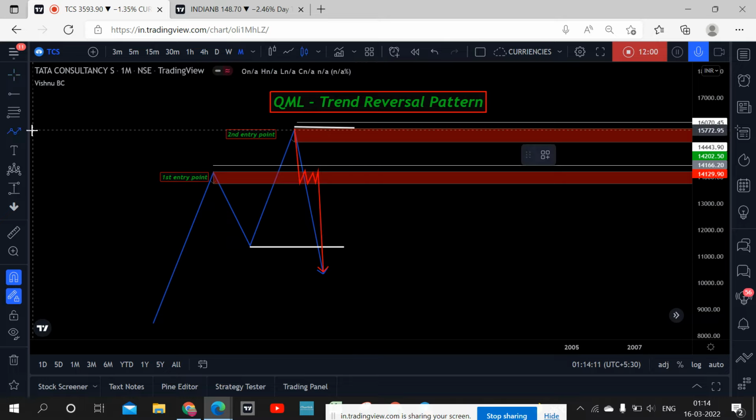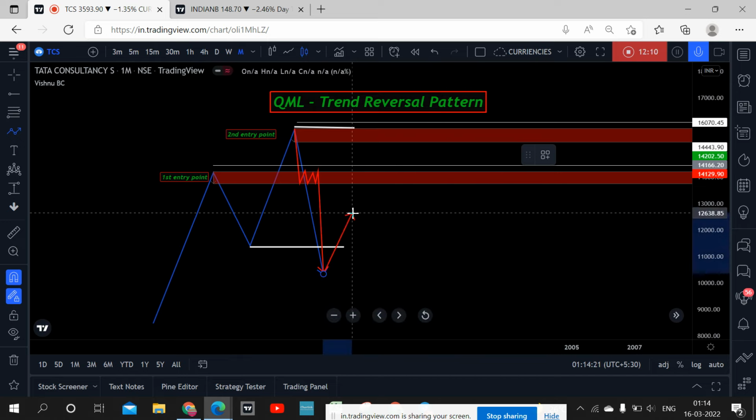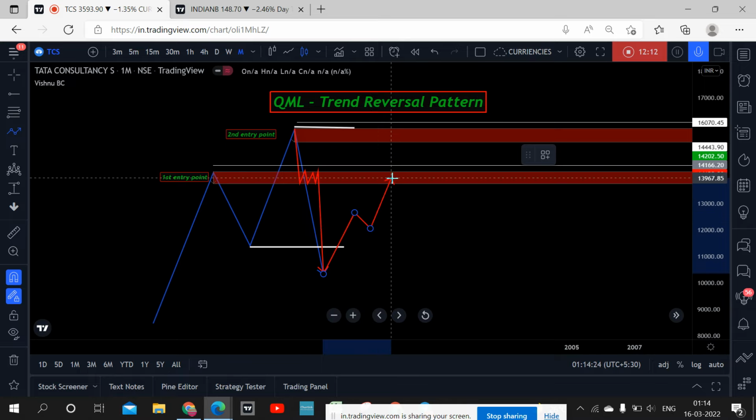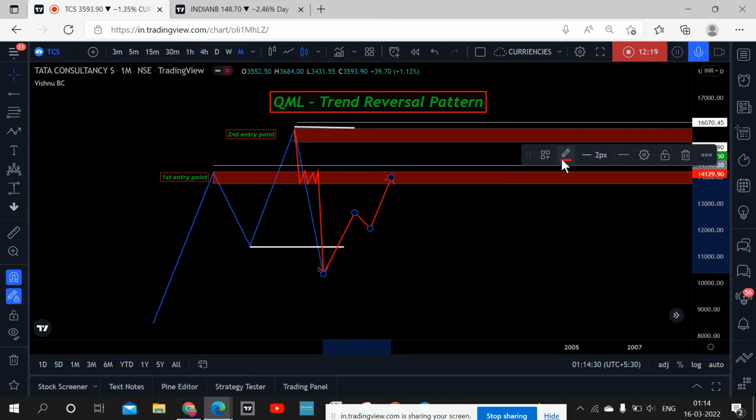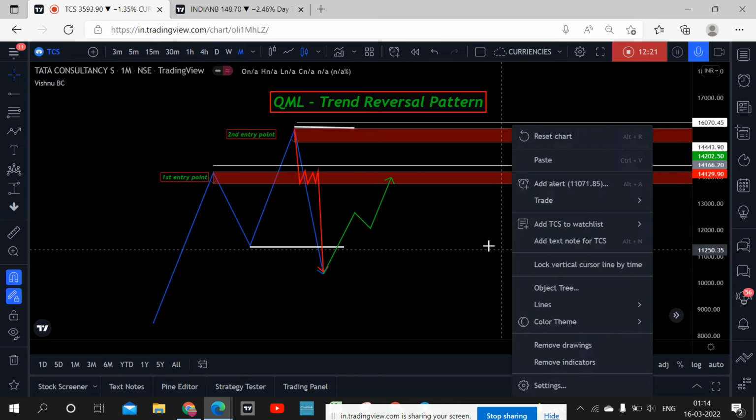So after it makes a fresh lower low, try to mark this zone and this zone. After marking this zone, wait for the price to come to this point and initiate your sell. Okay, I'll try to give you different colors to identify.